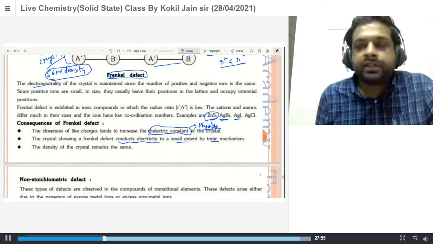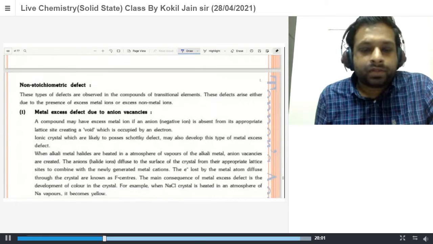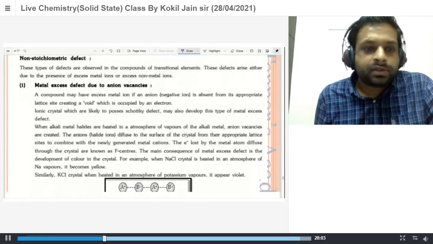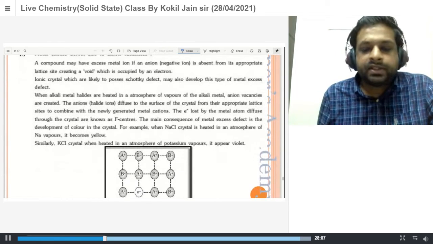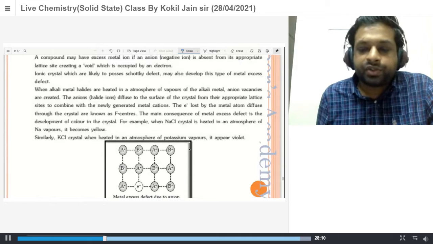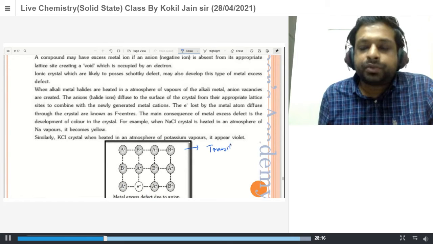Now let's see the non-stoichiometric defect here. Okay, too many things. This type of defect, the non-stoichiometric defect, is generally observed in transition compounds.